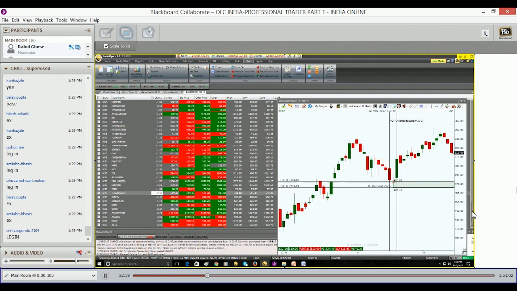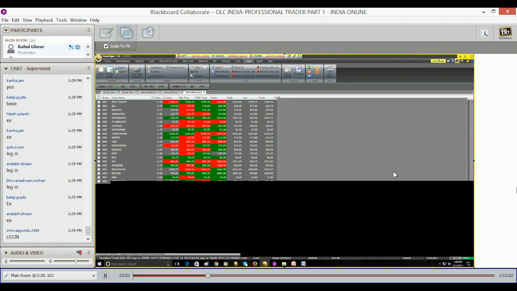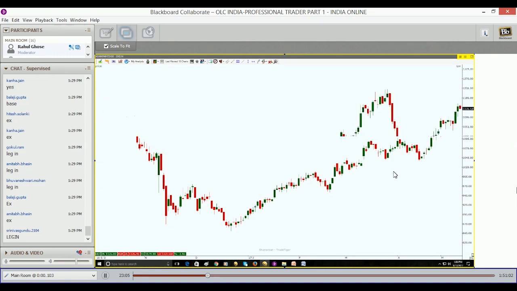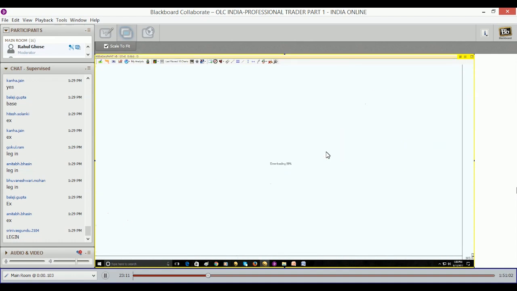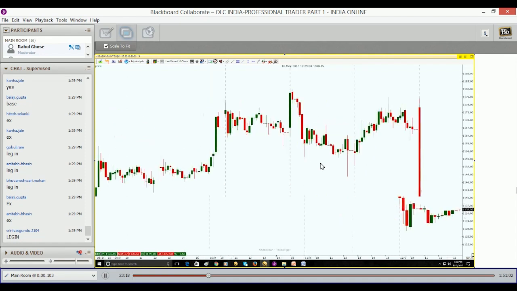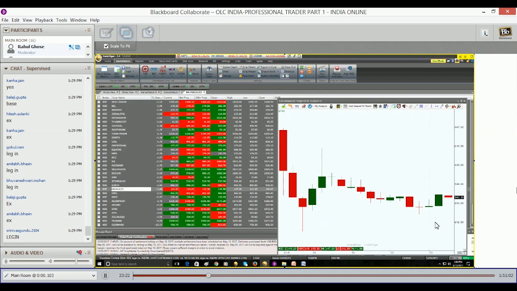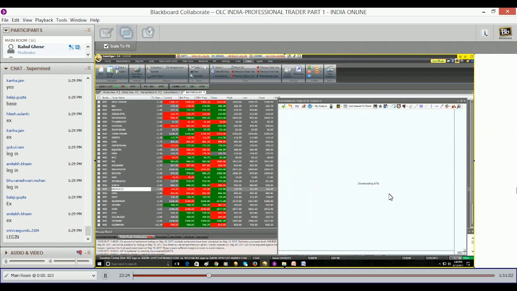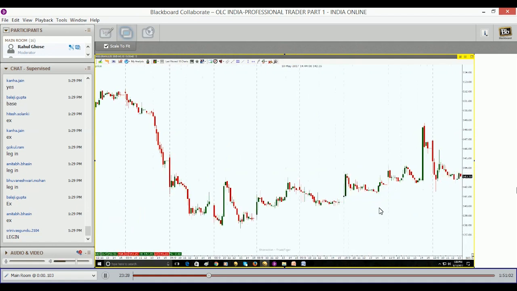Yeah, let's move on. Let's go to another example. Okay, and now I'm going to go into a smaller time frame. I'm going to go into the 15-minute chart. Let's look for a good zone.